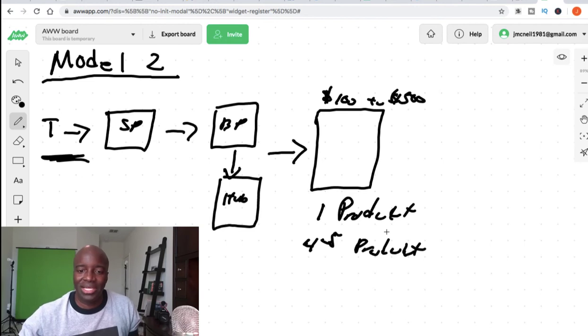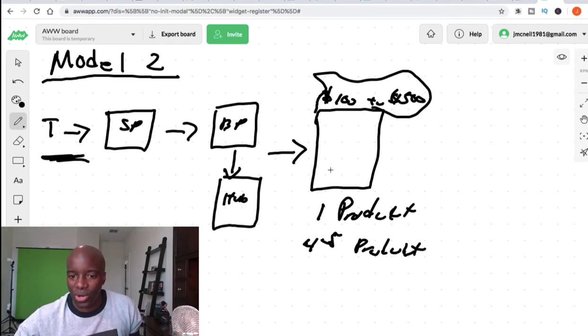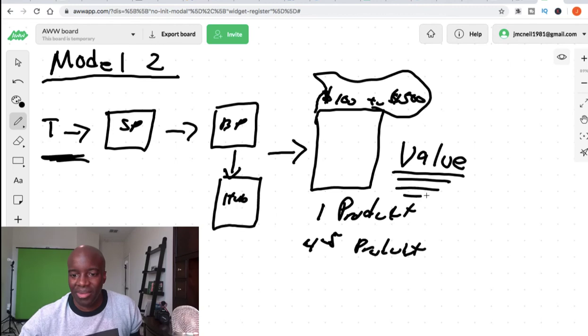Now, the key to selling these types of products, where you get a $100 commission or a $500 commission, the big word is right here. It's the V word, and that's value. Because when you're buying a $7 product, you're not going to get tons and tons of value. Even though some of these products are good, a lot of them are a little shaky in terms of value and content.